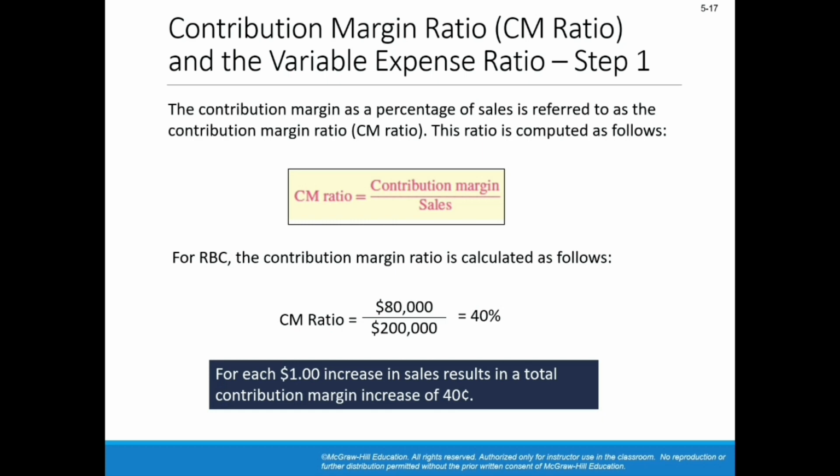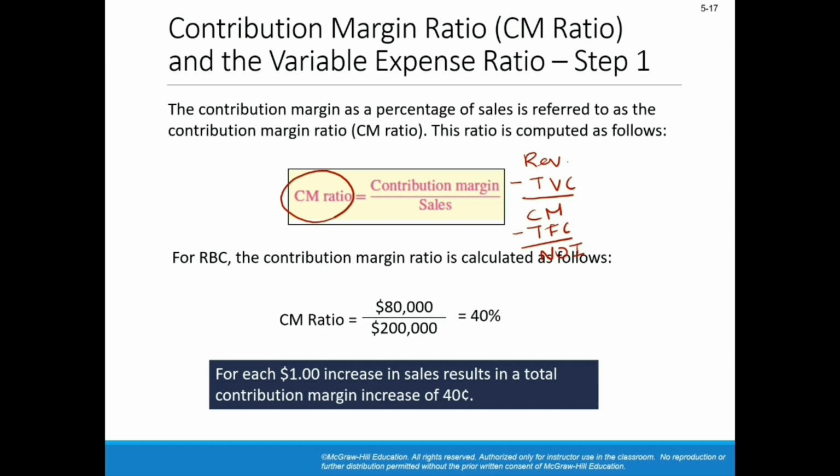The first thing I want to introduce is that the CM ratio is basically the contribution margin divided by sales. So revenues minus total variable cost gives us CM. You deduct total fixed cost and you get net operating income. This is the contribution format income statement.